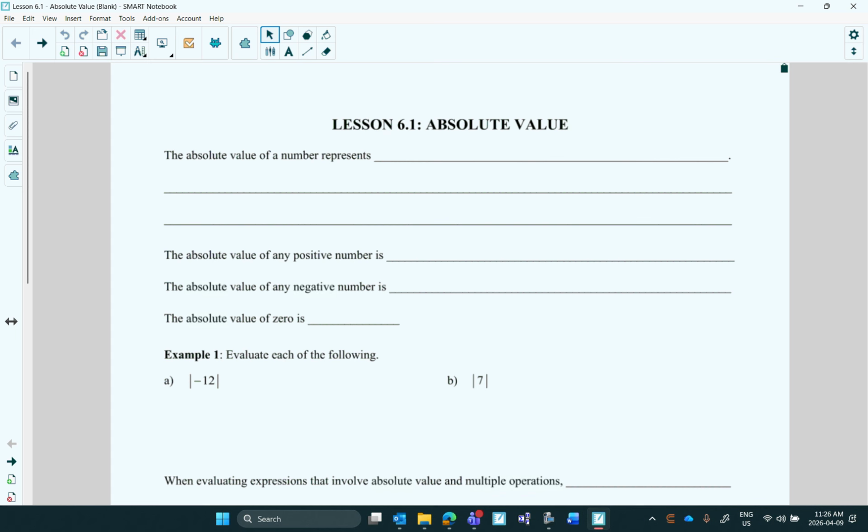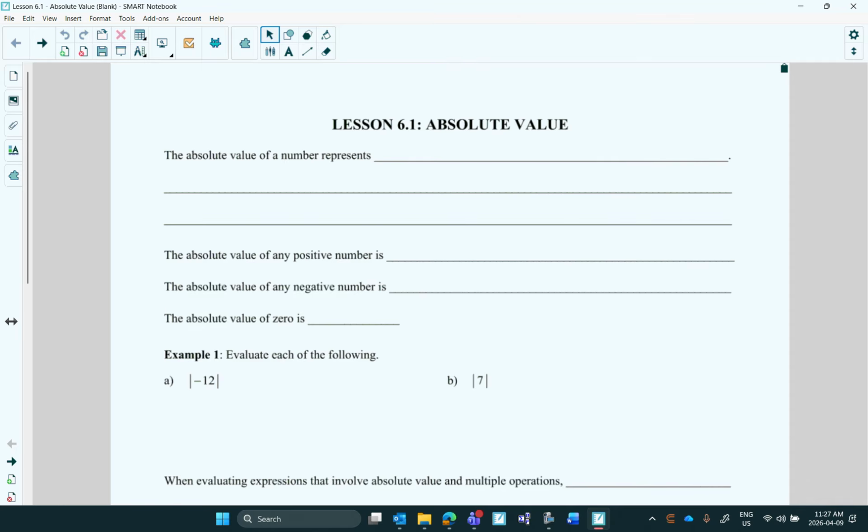Oh, it could have decimals. I mean, you could have the absolute value of -3.2. It needs to be determined as positive. Yes, you are right about that.